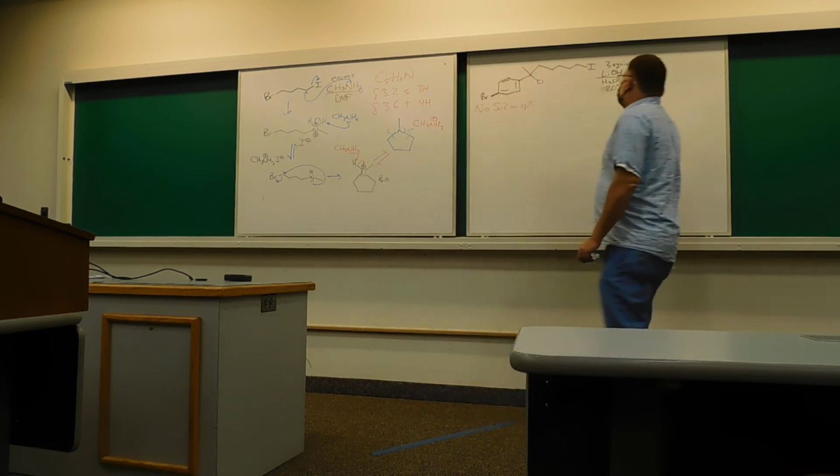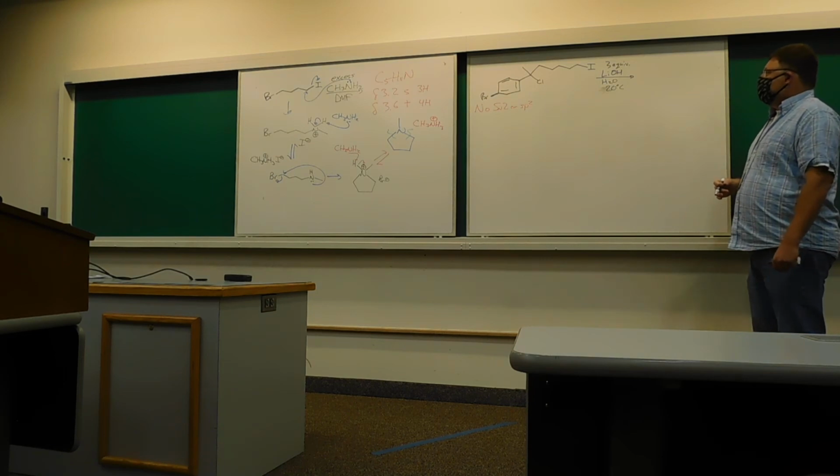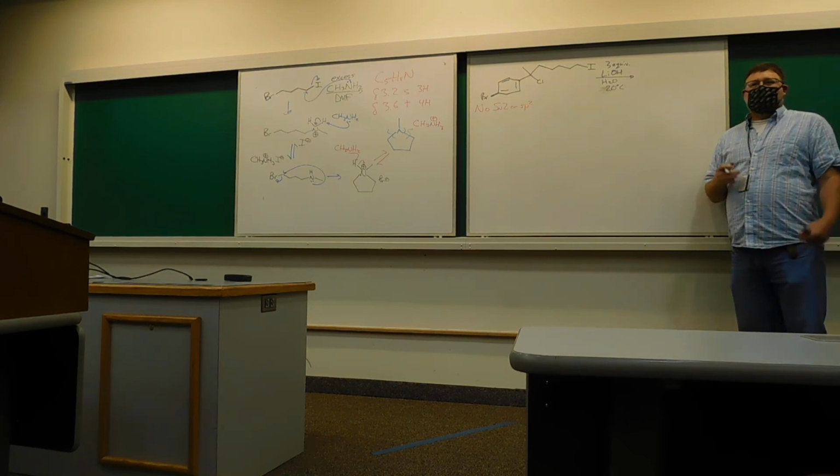All right. So now you're down to, I guess the other point of this question is you should consider these functional groups separately. Right? That tertiary chloride is going to do whatever a tertiary chloride does. It's not going to matter if there's a primary iodide in a benzene ring there. So, what's the tertiary chloride going to do? E2. It's going to do an E2.